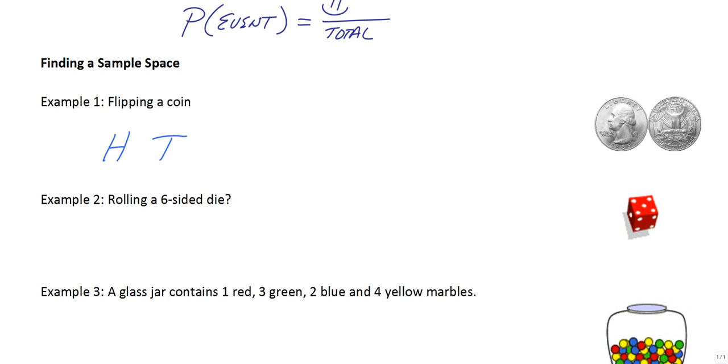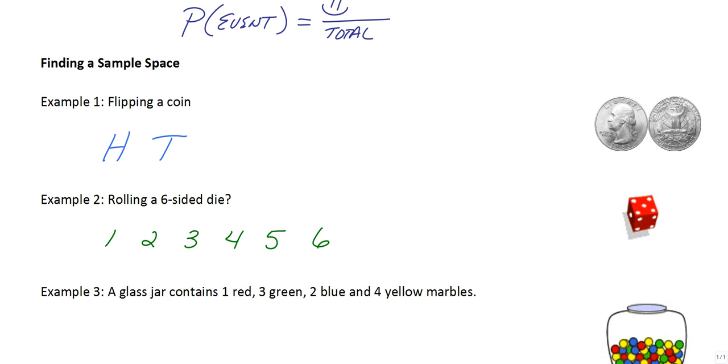And it's important to know that. When you roll a six-sided die, your sample space is a 1, 2, 3, 4, 5, or a 6. Those are the only 6 numbers you can roll on a six-sided die. So rolling any one of those, you have a 1 in 6 chance of getting.